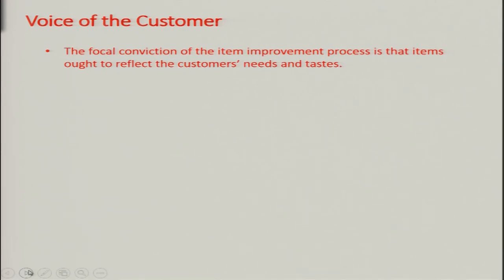So, voice of customer. The focal conviction of the item improvement process is that items ought to reflect the customer's needs and tastes. One of the most critical parts of the product development cycle is to comprehend or to find out the gain from the customer.